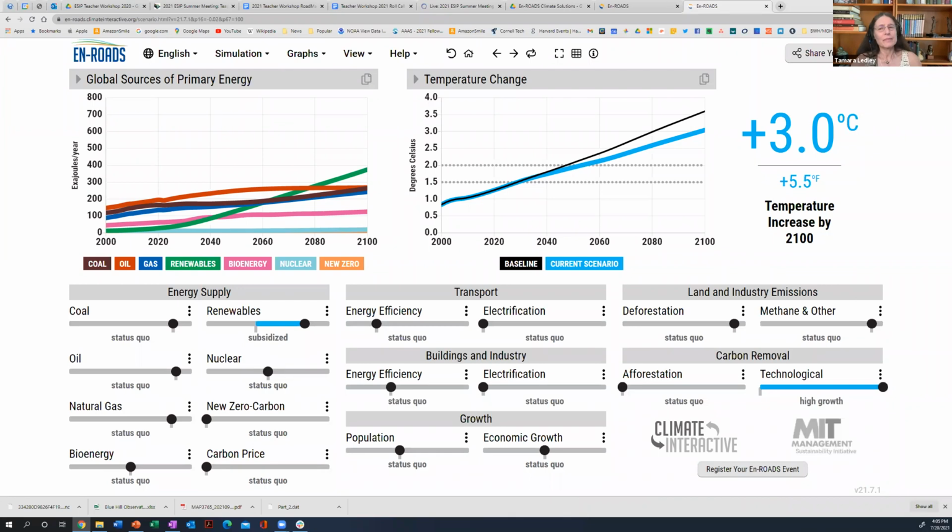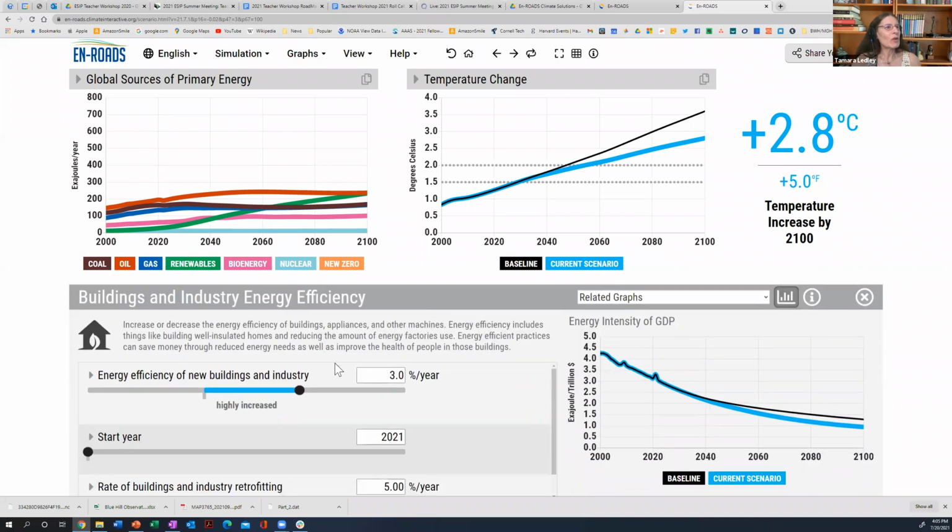Ashley? What about increasing the energy efficiency in either transportation or buildings and industry? All right, let's try buildings and industry first. I'm interested to see. So that got us down to 2.8. I highly increased it. And what does that actually mean? If we go here, it means you're increasing the energy efficiency by 3% per year.